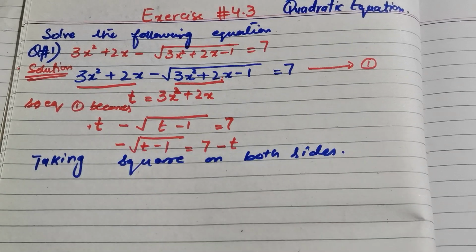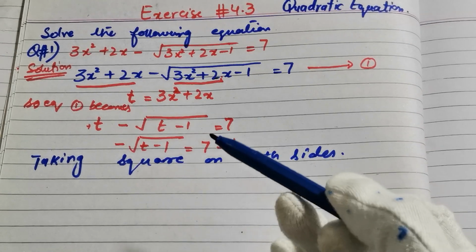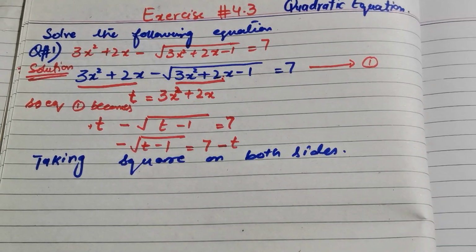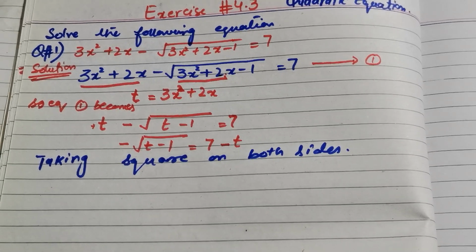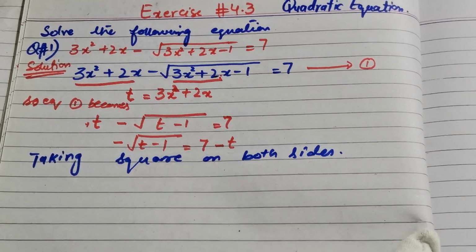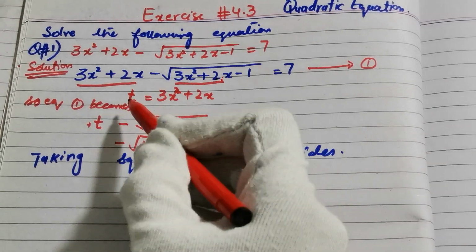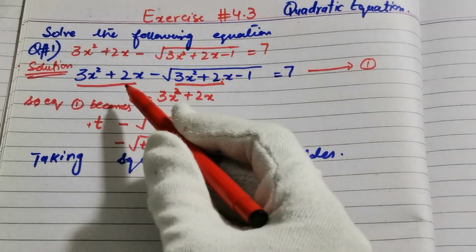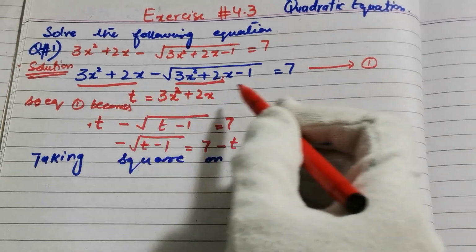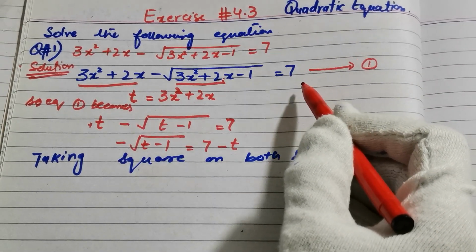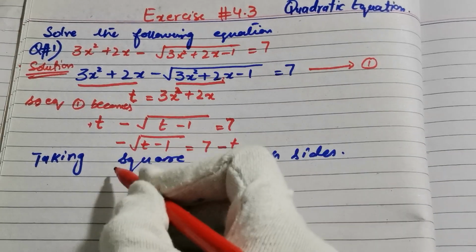So what we will do, we will suppose the same terms so that our equation becomes easier and easy to solve and doesn't take time. After supposing that, a much bigger equation becomes very small.